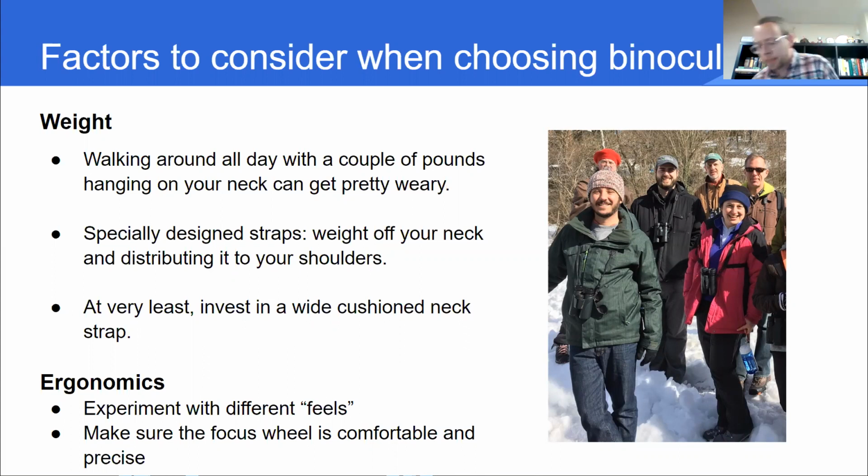So those are great. But what you can also get is what's called a harness. And hopefully you can see this as I try to untangle it here. What this does is allow you to distribute the weight of the binoculars, not just around your neck, but around your shoulders and your back.